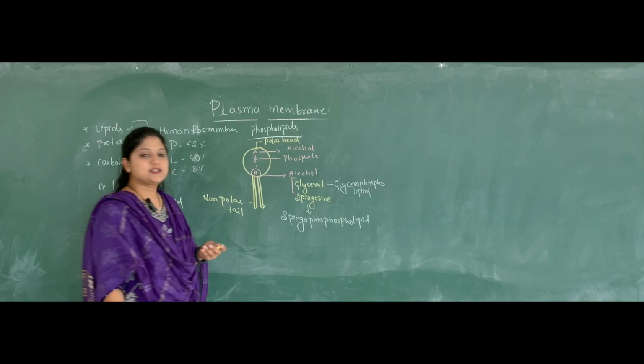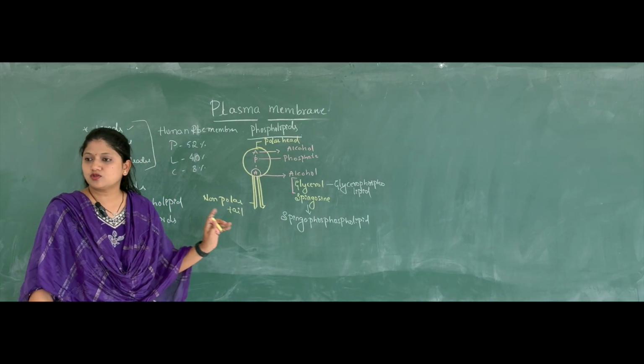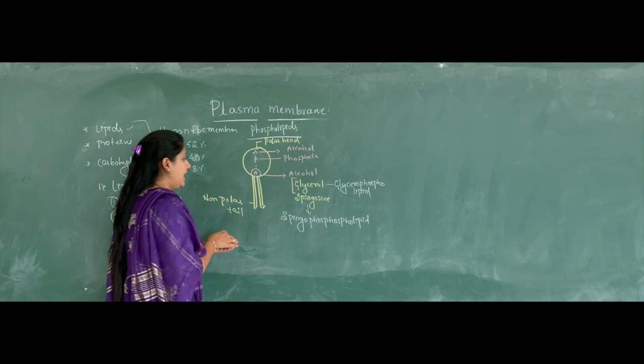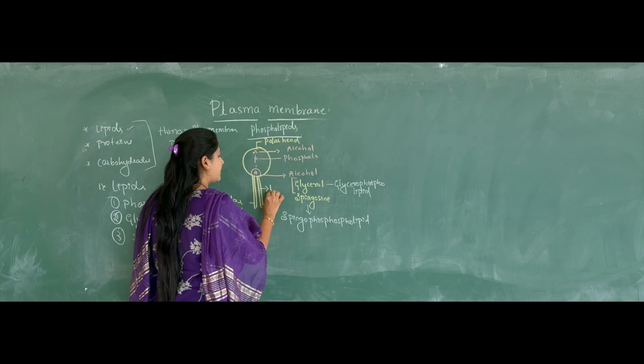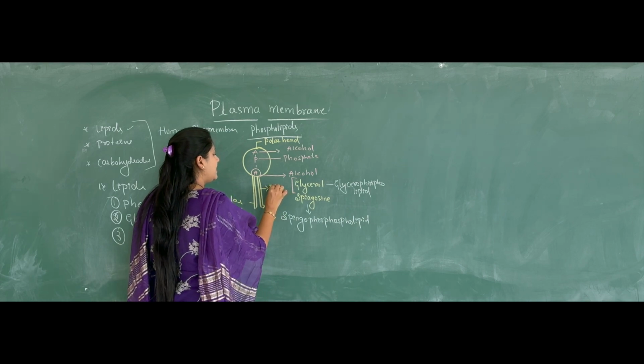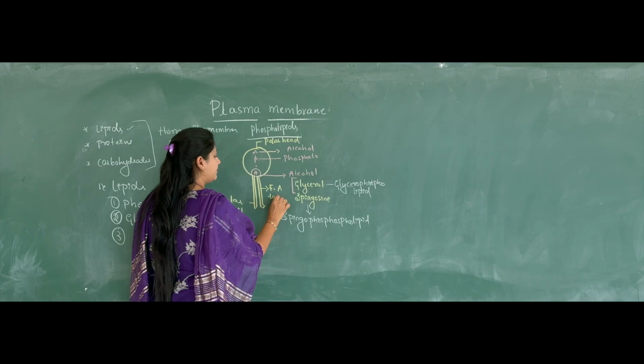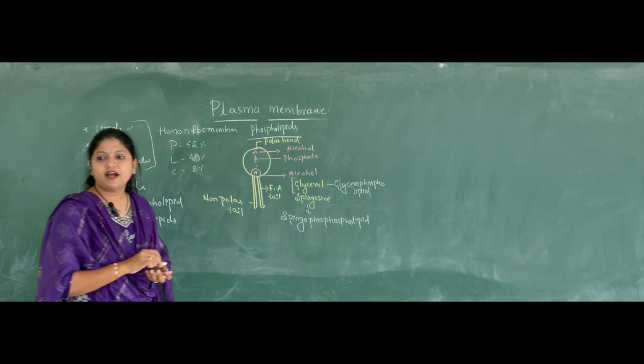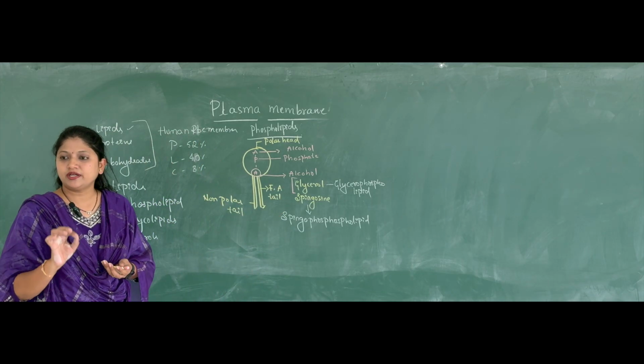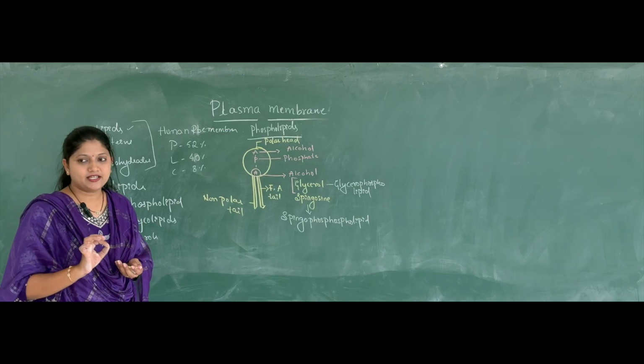We call it a sphingophospholipid and the glycerophospholipid. And then here, this is the fatty acid tail. We have both saturated and unsaturated fatty acids here.